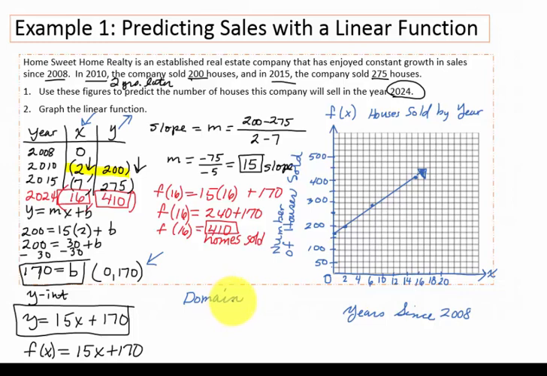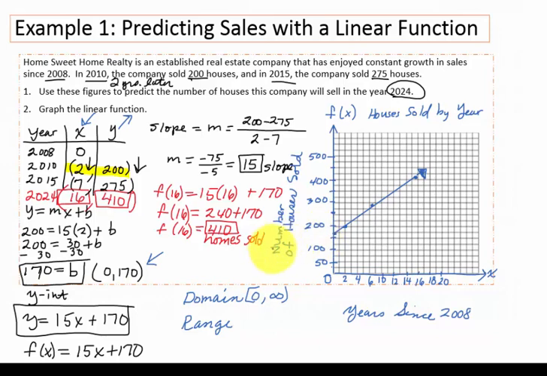So the domain in this case went from 0 to infinity because we had an arrow at the right side of our line. So the domain would be from 0 to infinity, which really represents the year 2008 and into the future.